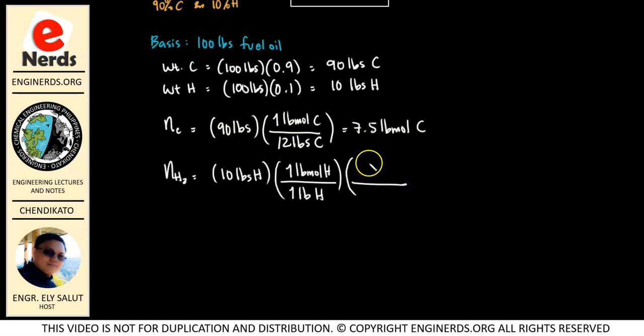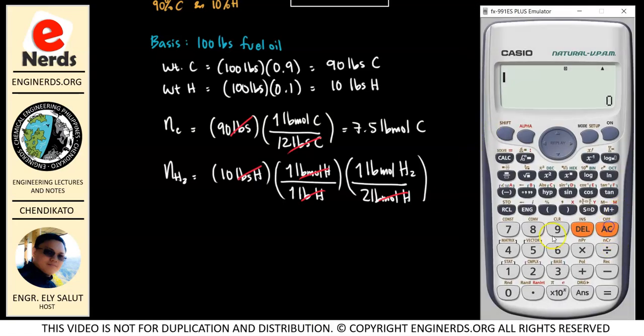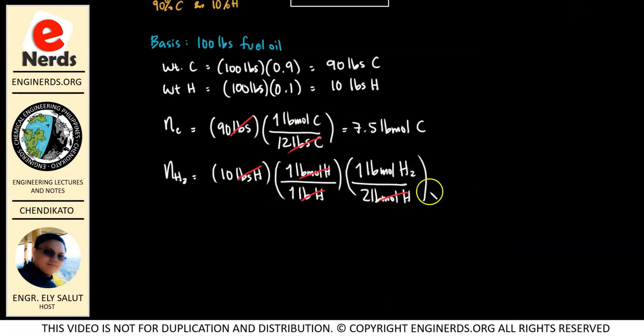And then since it is a diatomic molecule, so we will have 2 pound mole of hydrogen per 1 pound mole of H2. Diba? Okay, so our units will be cancelled out. Ganun din dito kanina, no? So, we'll solve for the value of H2. So, we have 10 divided by 2 lang, no?